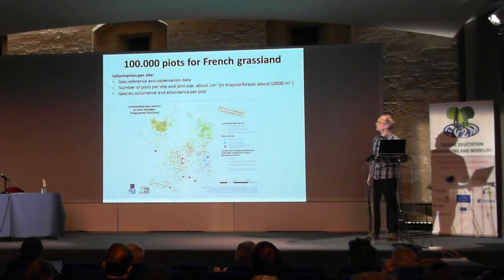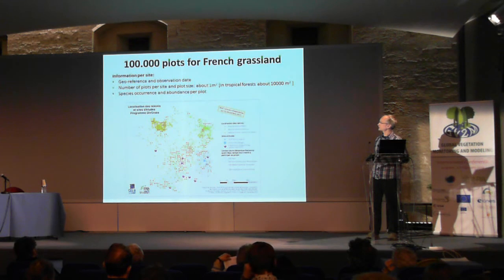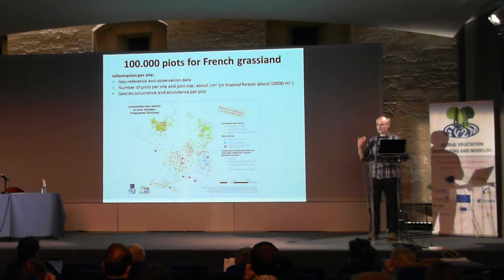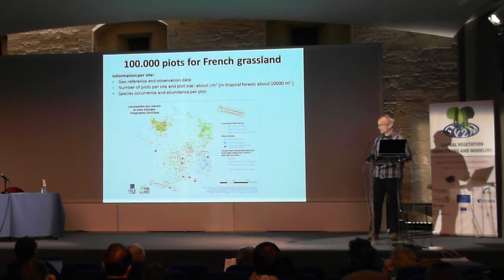The information per site would be georeference and observation date, the number of plots per site, and plot size. Plot size for grassland would be about 1 square meter, and in tropical forest that could be 10,000 square meters. So species occurrence and abundance is measured per plot.